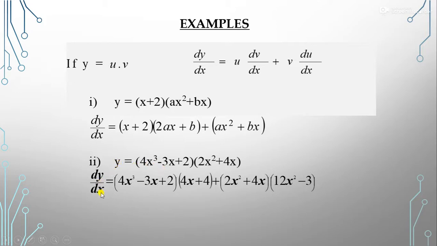So this is dy by dx, and we take the first function as it is and the derivative of the second function. When you differentiate this, 2 comes forward, so 2 times 4, and x raised to the power 2 minus 1, that is x, plus this is a linear function, so the coefficient is 4, so the differentiation is 4. Next plus the second function as it is, 2x square plus 4x, and the derivative of the first function.